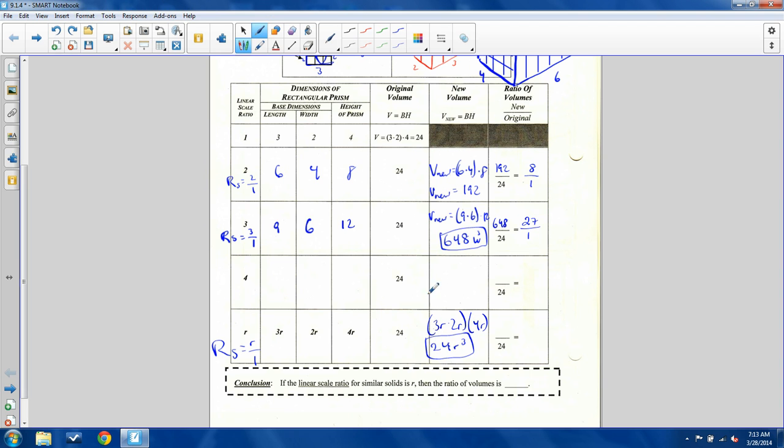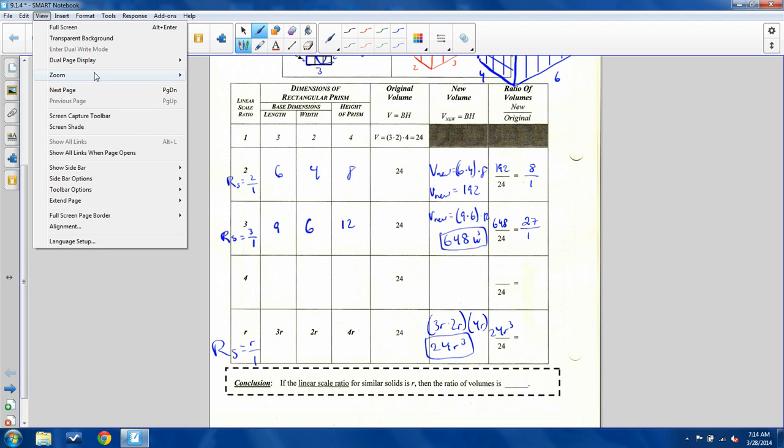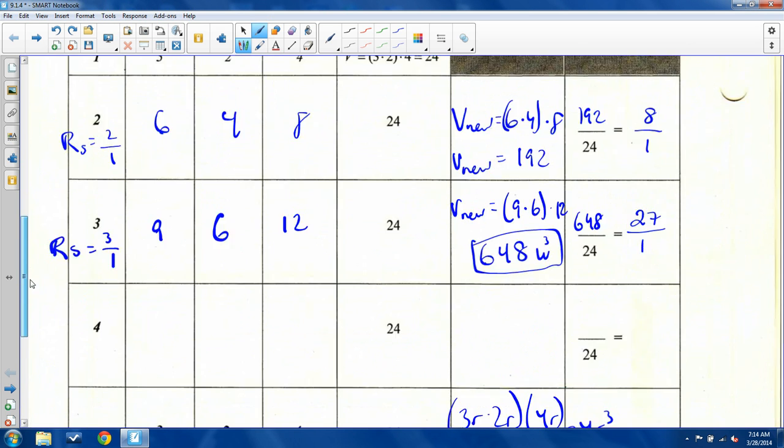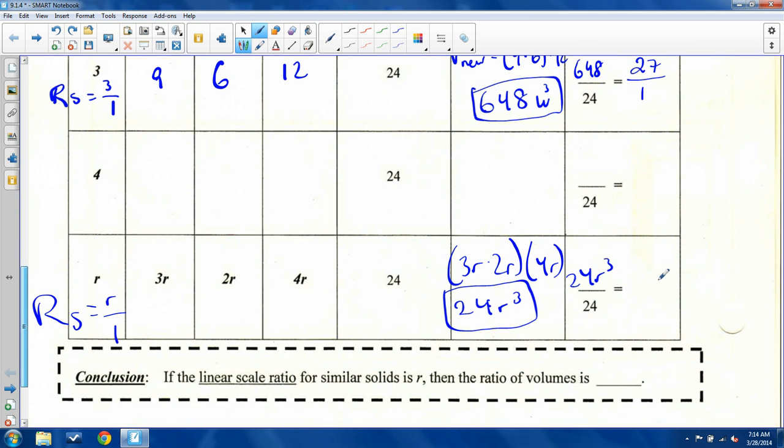Okay. What's the ratio of your new volume to your old volume? Well, 24R cubed over 24. 24 over 24 is 1. R cubed over nothing is R cubed. So you have R cubed over 1. Okay, so remember, these are your ratios of volumes.